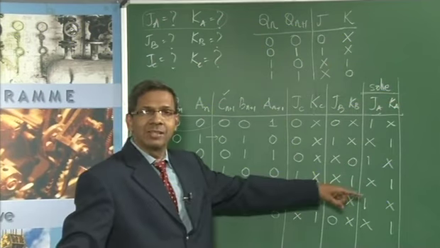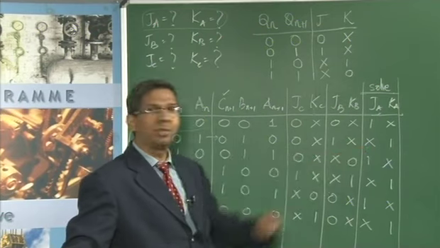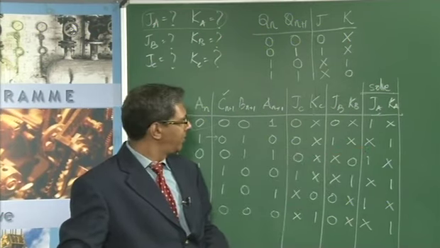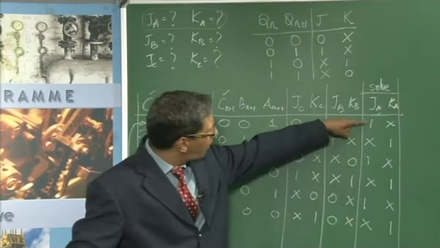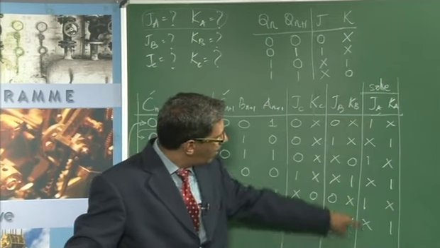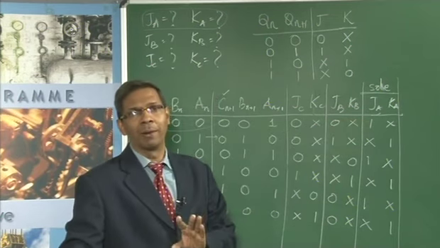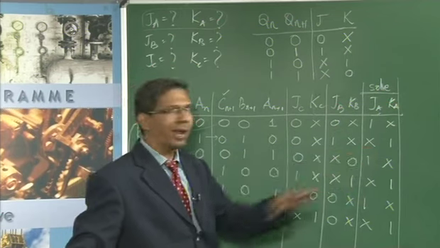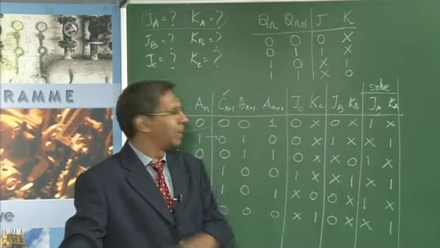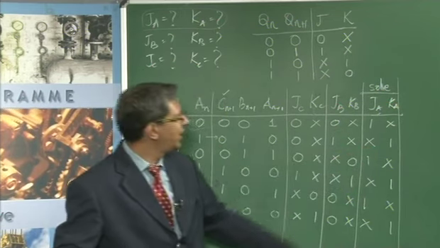In my case it would be convenient if I assume this as 1. Then my JA is always going to be 1. Because of don't care, I can interpret it as 1 or as a 0. So if I take it as 1, then JA becomes 1.